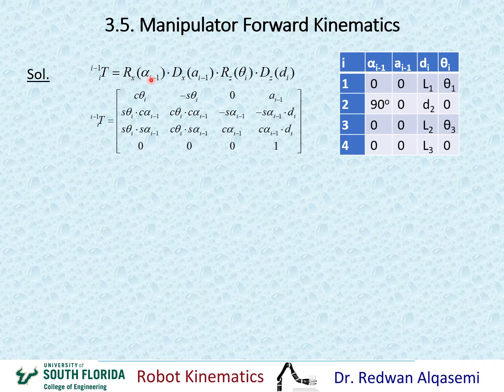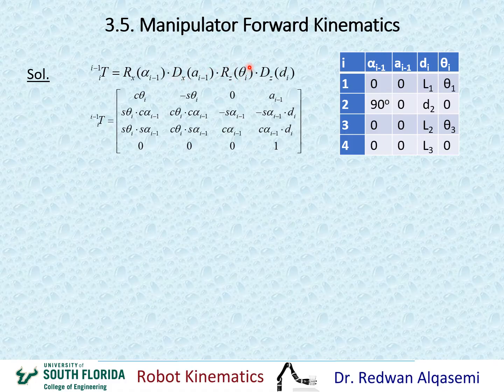So this would be a 4x4 identity matrix. And then because the a here is 0, that means dx, or translation in the direction of x by the amount of a i minus 1, would be 0. So this would also be a 4x4 identity matrix.